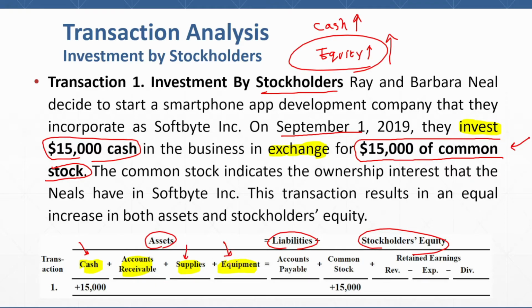They are all in the family of assets. So due to this transaction number 1, cash went up. We collected $15,000 cash in exchange of a record of common stock. Now we show that this $15,000 in our bank account is funded by common stock.